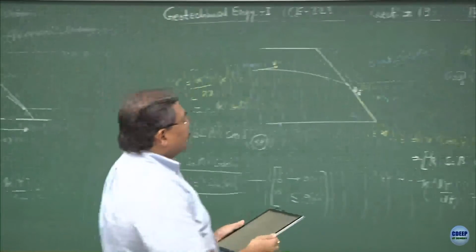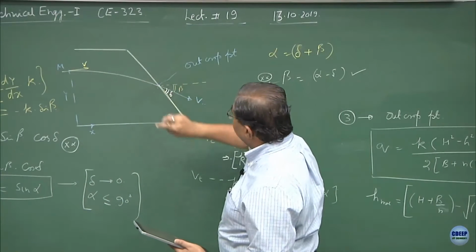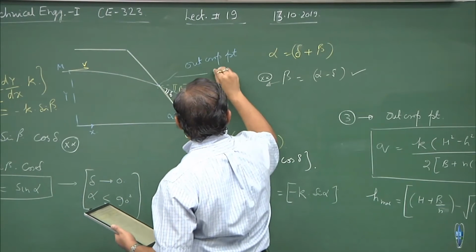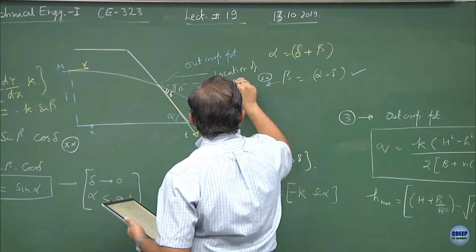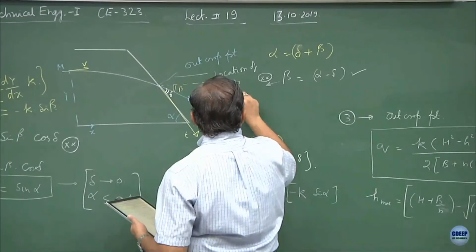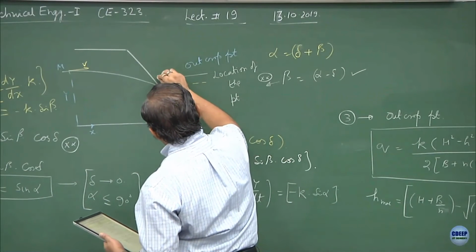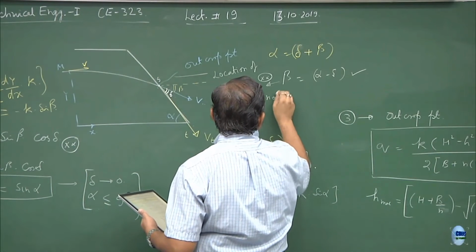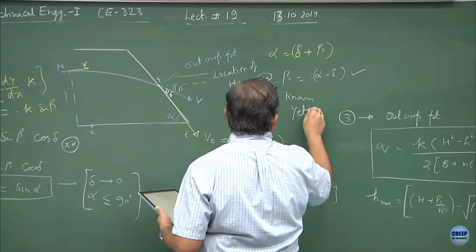So, what we have done is we have talked about the velocity at the outcrop point. We do not know the location of this point still. So, the location of the point O, or let me put it as S, is not known yet.